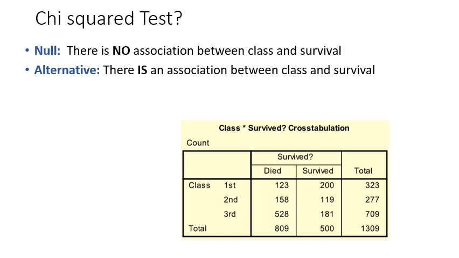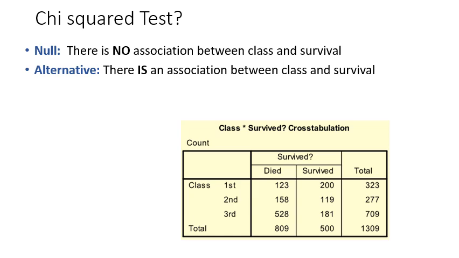And if you take a look at the first class, 323 of the passengers were traveling first class, and mostly of them, 200, survived. Okay, and a few died, that's 123 died. On the second class, 277 were traveling second class, and 119 survived. Many died, 158.